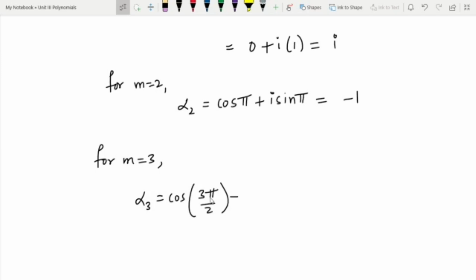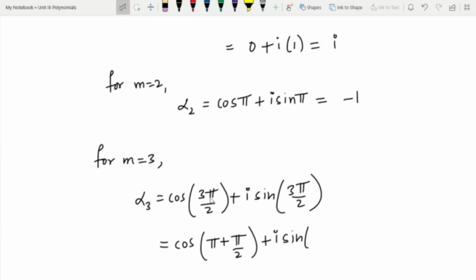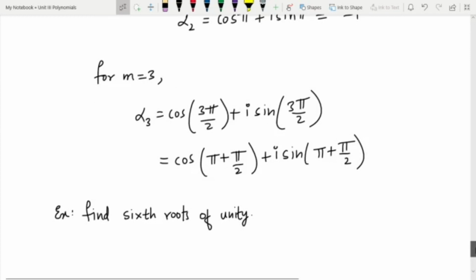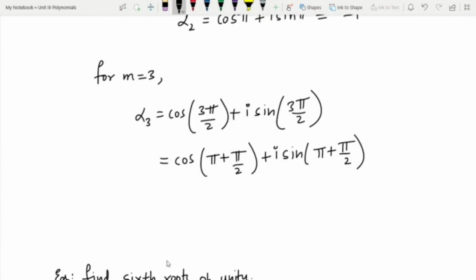This 3 pi by 2 can be written as pi plus pi by 2, so it is cos of pi plus pi by 2 plus i sin of pi plus pi by 2. Again you can use the formula for cos a plus b and sin a plus b, and you'll find that this value is minus i. That can be done by you.